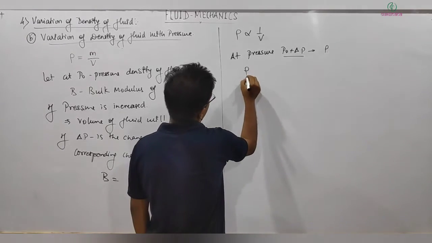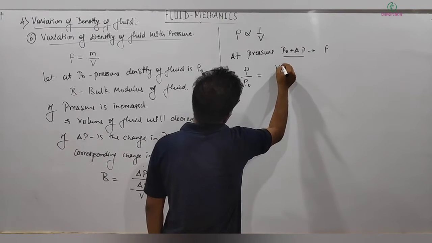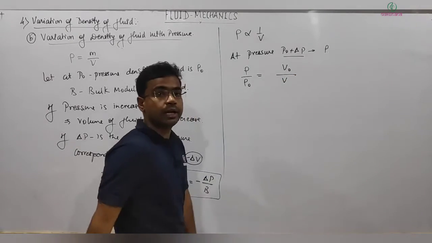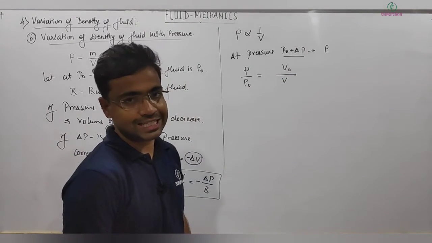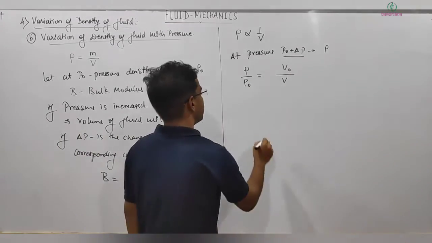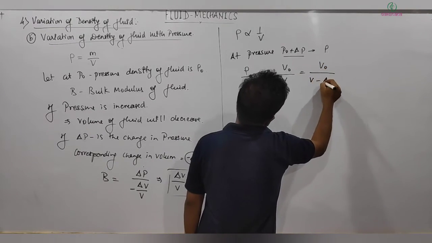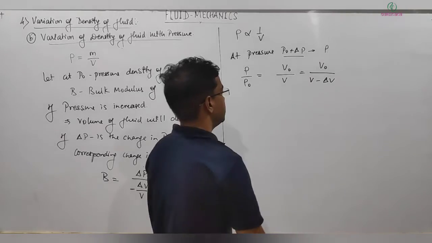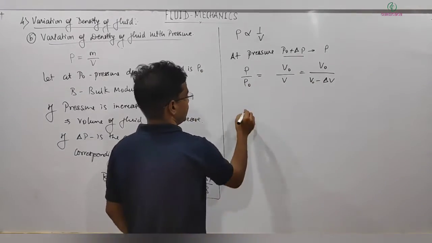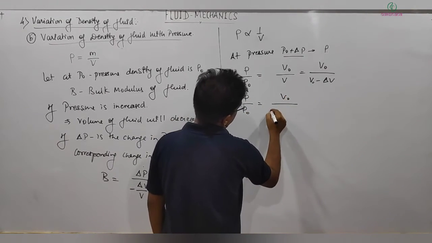Then I can write rho divided by rho naught is equal to V naught divided by V, inversely. In this situation your volume will decrease, so density must increase. So this is equal to V naught divided by V naught minus delta V. Clear? Let me substitute, so rho divided by rho naught is V naught divided by V naught minus delta V.